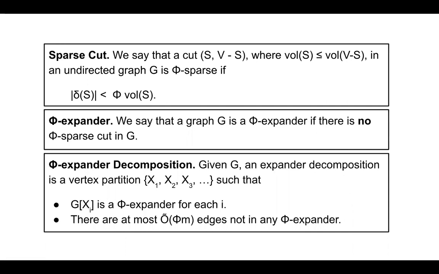A phi expander decomposition is essentially that you're given a graph G, and you want to find a vertex partition X1, X2, X3, such that each induced graph on a vertex set, so G[Xi], for example, is a phi expander, and in the end, you only have order phi m edges that are not contained in any of these induced graphs. So those are edges that go in between expanders.